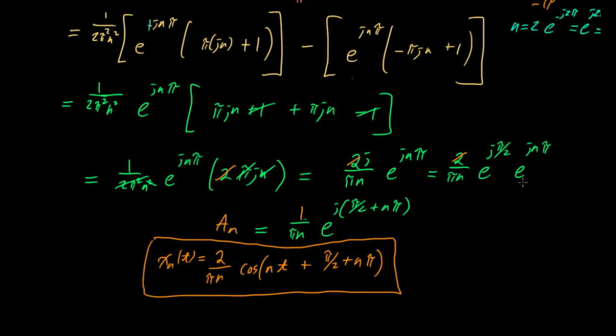My MATLAB code is actually a little bit different than this. Another way of writing this is the same as negative e to the j pi n over j pi n, because if I just multiply this by j over j, you get j squared over j, just negative 1 over j.